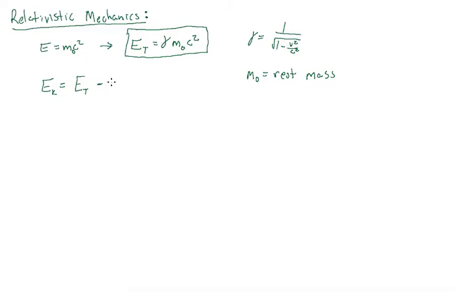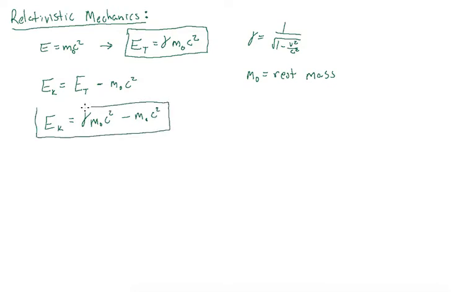So it's rest energy, m naught c squared. And this gives us a nice little equation for kinetic energy. And we can take it one step further. Go ahead and go E kinetic is equal to gamma m naught c squared minus m naught c squared. Okay, and this is our second little result. This is kinetic energy right here.